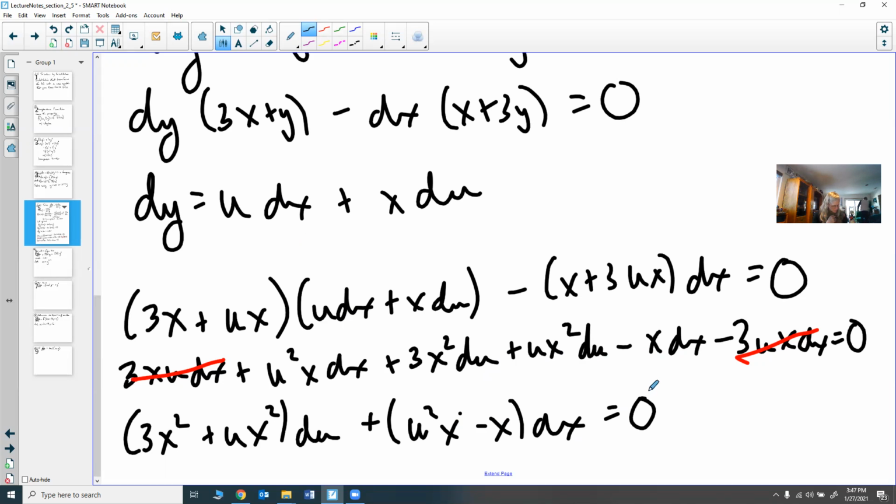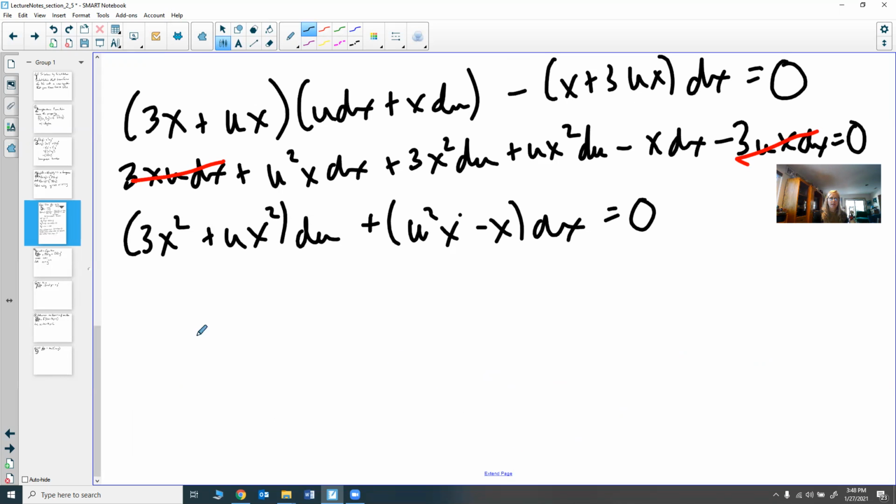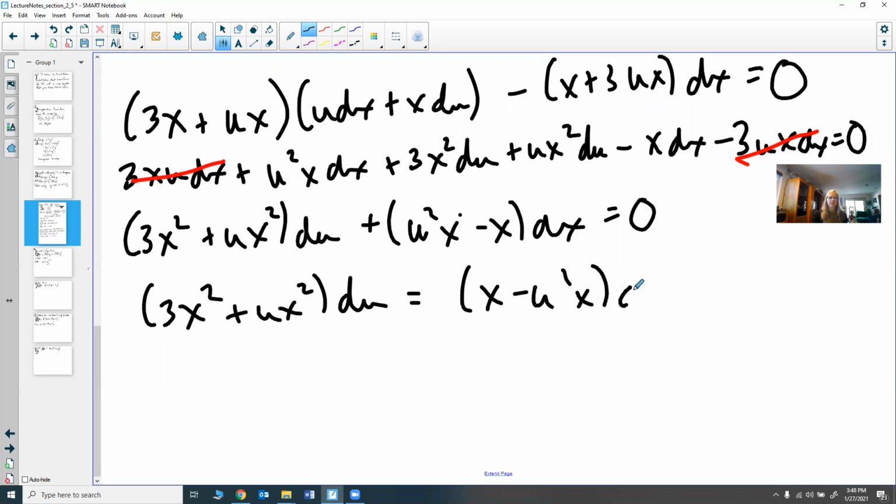So we now have this. I'm going to get it to where we have the du's and the dx's on separate sides. So I'm going to have 3x squared plus ux squared du equals x minus u squared x dx. What I notice is that these two terms have an x squared in them, so I can pull it out.